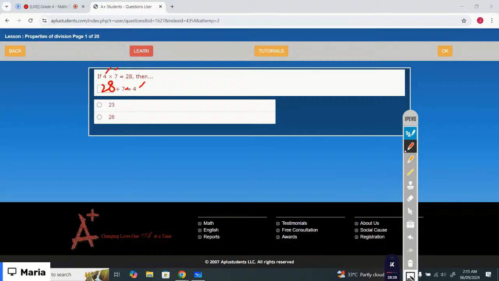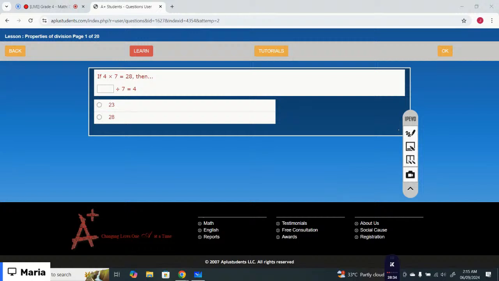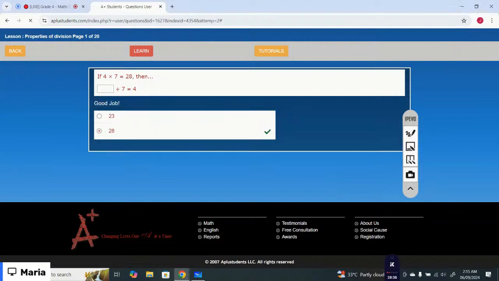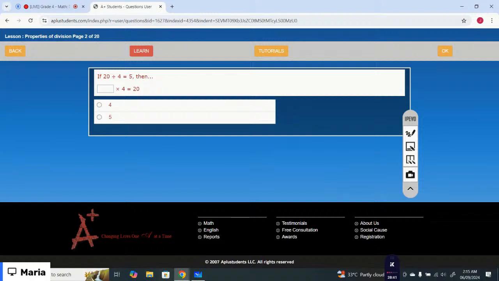Okay, so the next one is, if 20 divided by 4 is 5, then what number times 4 is 20? Which number is missing?